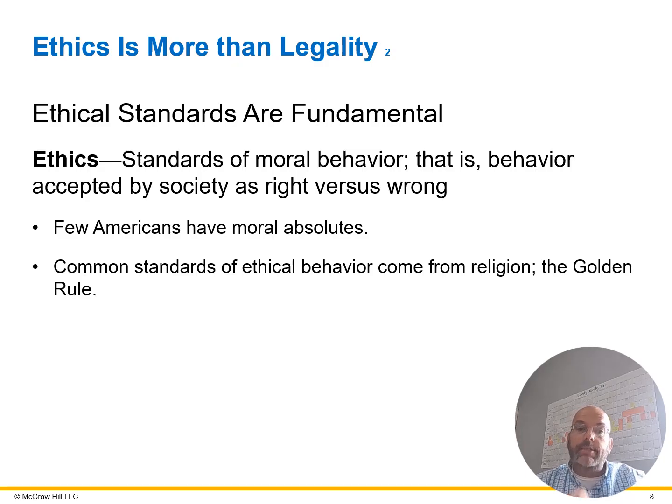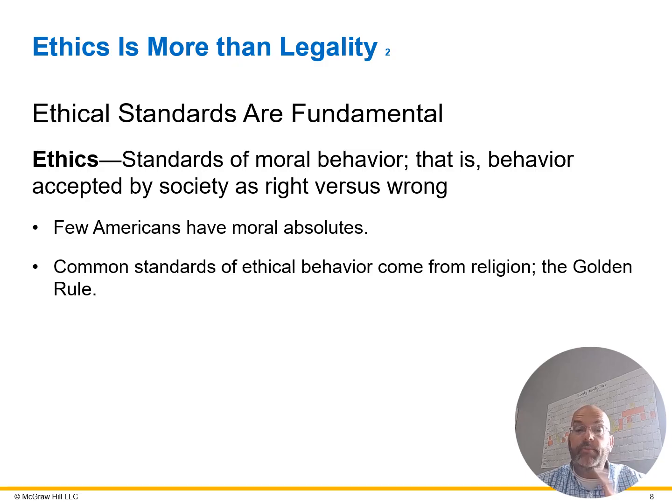The definition is the standards of moral behavior, that is, behavior accepted by society as right versus wrong. So, a couple key things here: society and right and wrong. So what that means is, what is acceptable to me might not be acceptable to you, right?